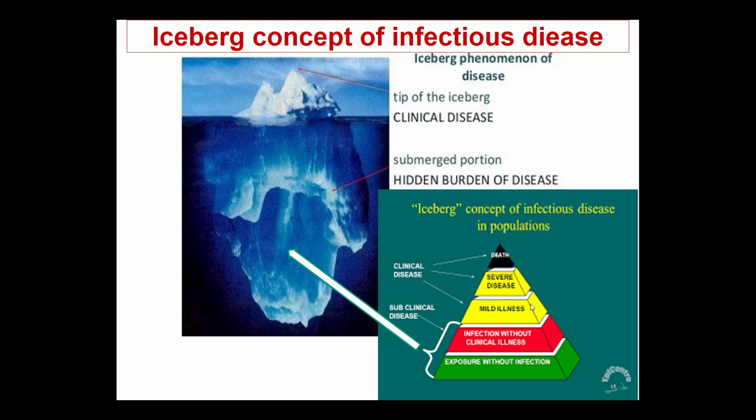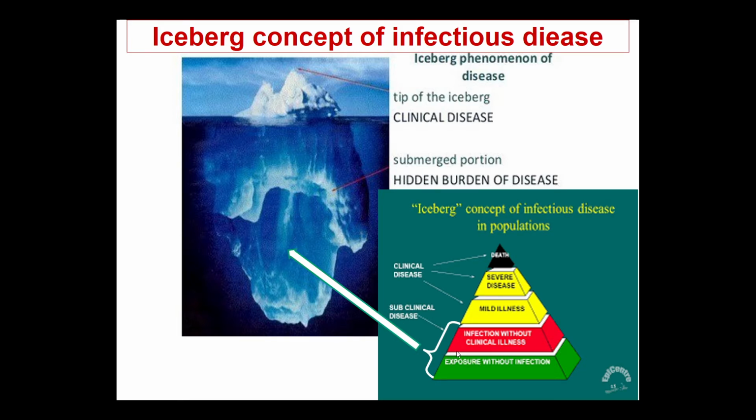mild illness, where many people are affected, but the symptoms are not very intensive. The red and green elements of this pyramid fit the submerged portion of the iceberg.